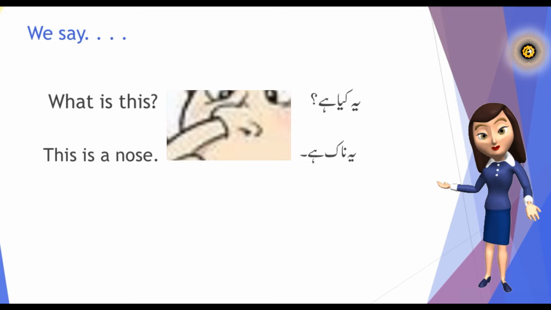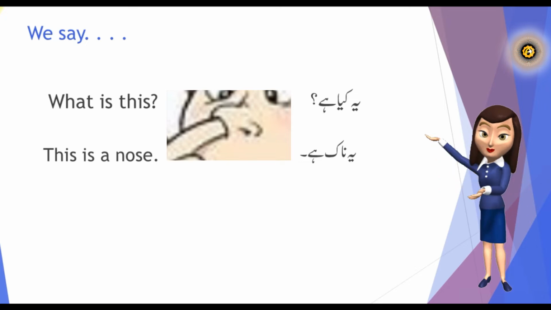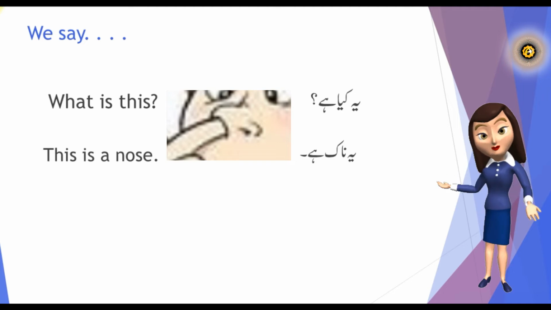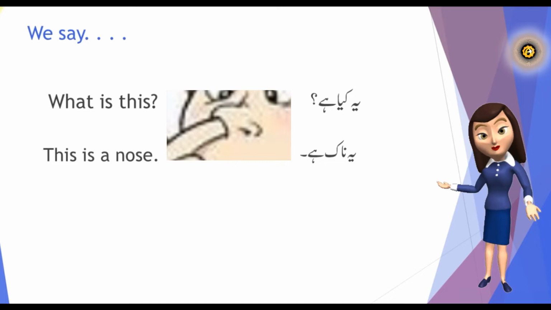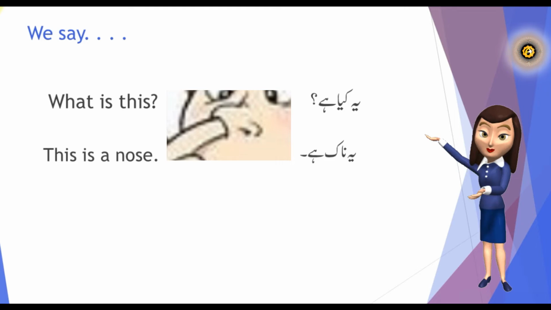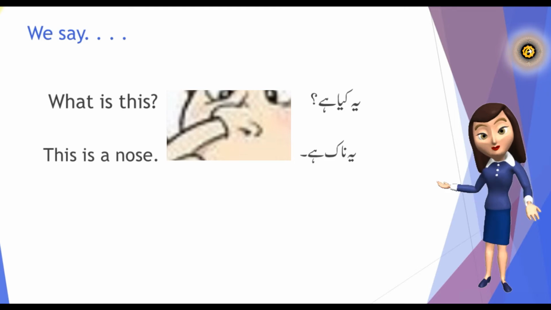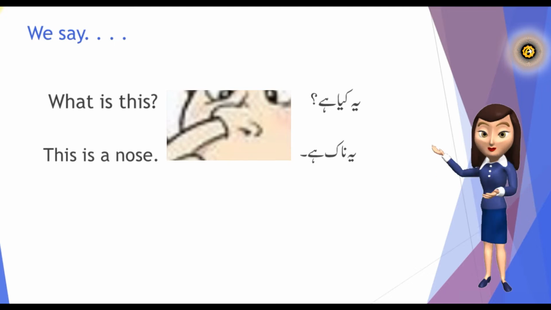Okay? So in this case, as we can see, there is a picture of nose here. So the question is asked about this picture, that what is this? So answer is, this is a nose. So in Urdu it is, ye kya hai? And the answer is, ye naak hai.